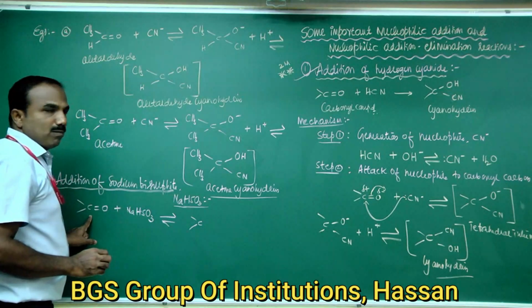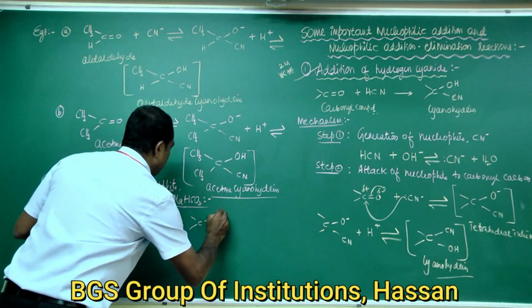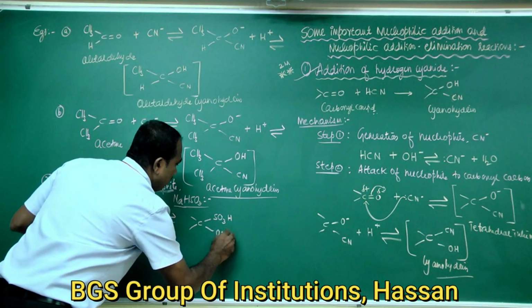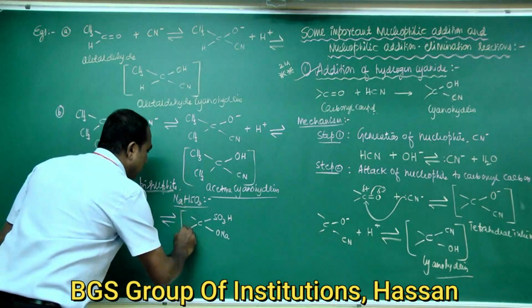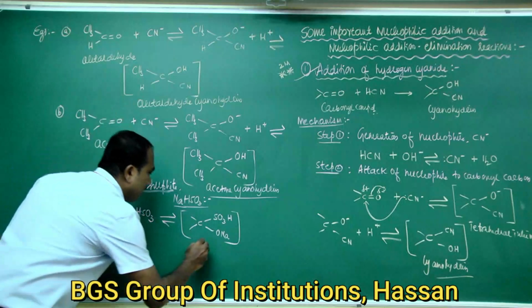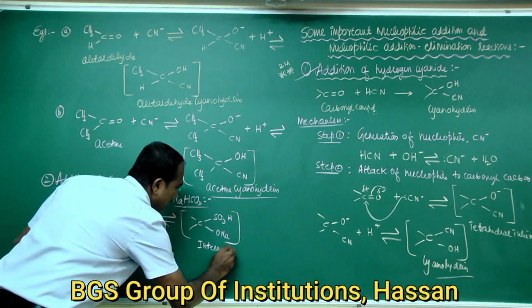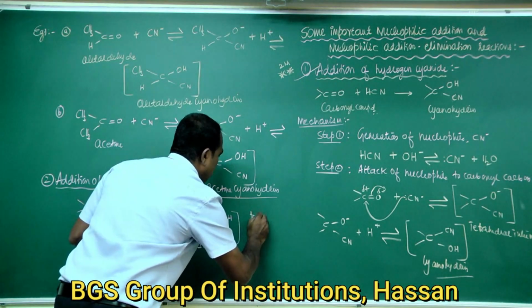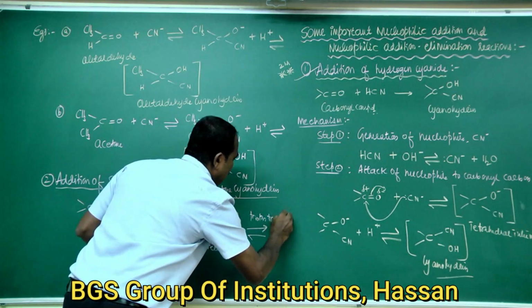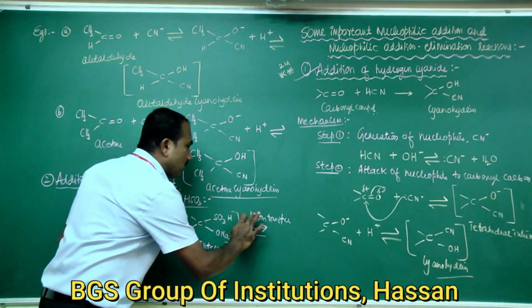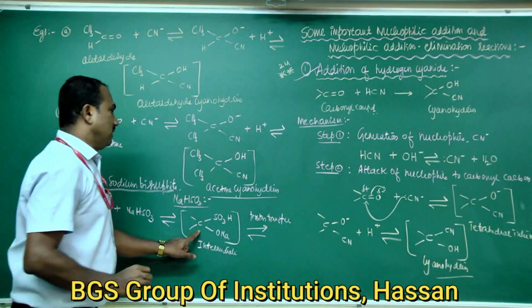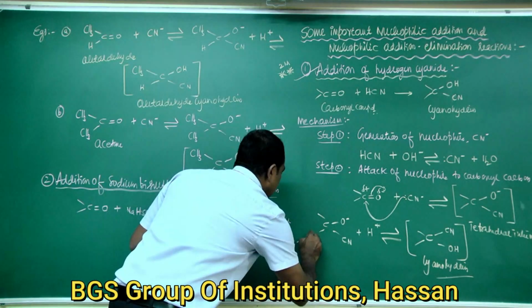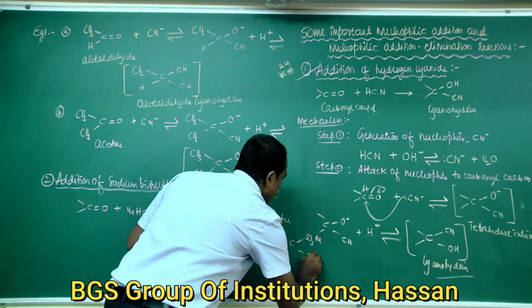That intermediate is C with OH and SO3Na, or ONa. So this is the intermediate. Next, proton transfer takes place to form the intermediate SO3Na and OH.